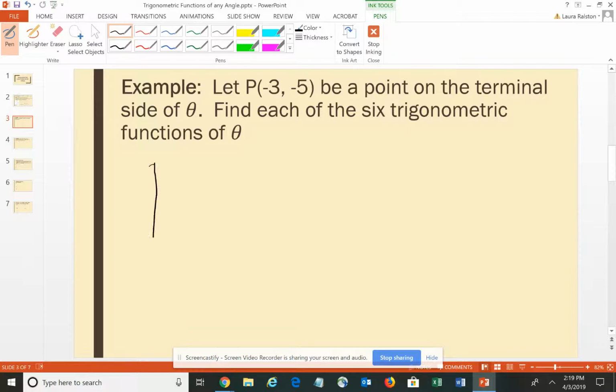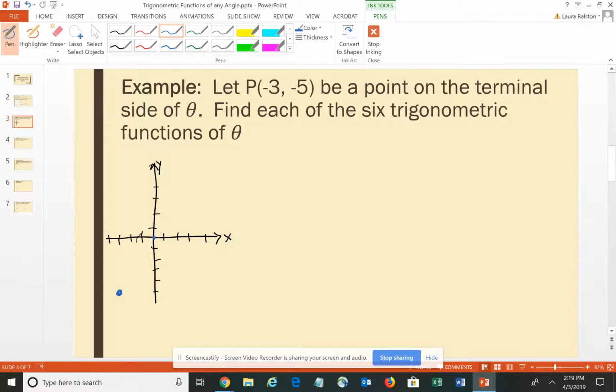If we think about our coordinate plane, okay, so you have x and y, and then we're going to draw an angle where the point on the terminal side is -3, -5. So if I think about where that would be in terms of my number line, let me put some tick marks here. -3, -5 is going to be a point in the third quadrant.